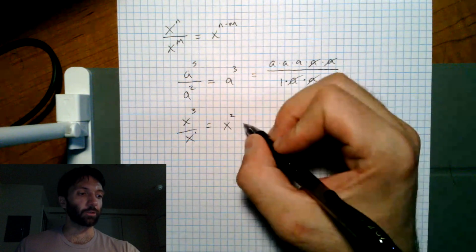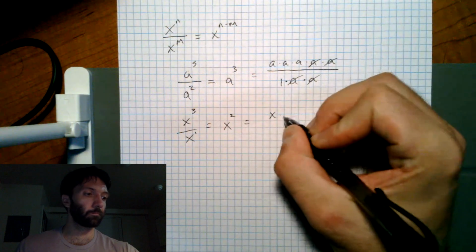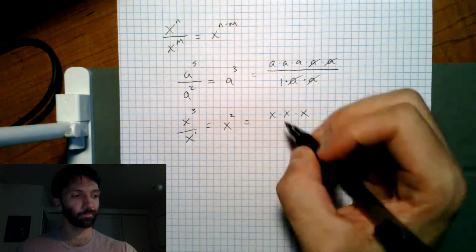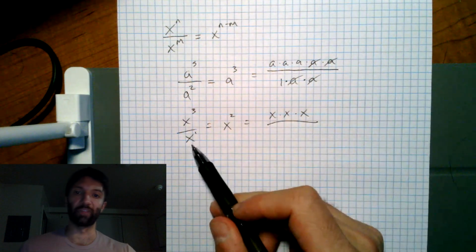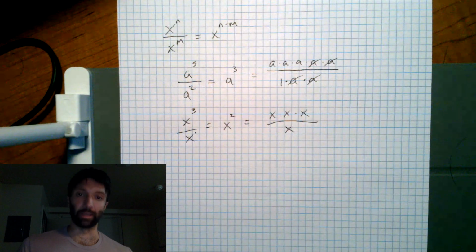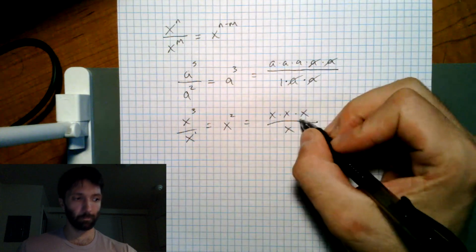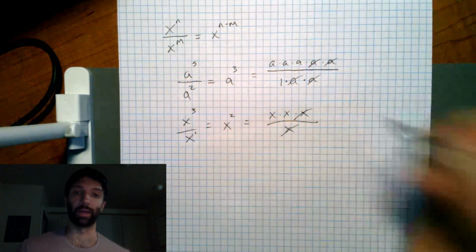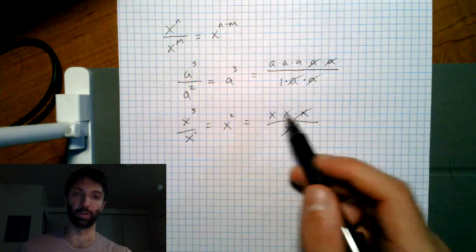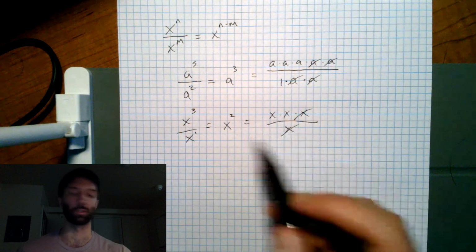And again, just to illustrate where this is coming from, we know that x to the third is x times x times x. And then we just have one factor of x in the denominator. And we see that there's going to be a cancellation that takes place. x divided by x is just 1. And so we have just 2 factors of x in the numerator divided by 1, which leaves us with x squared.